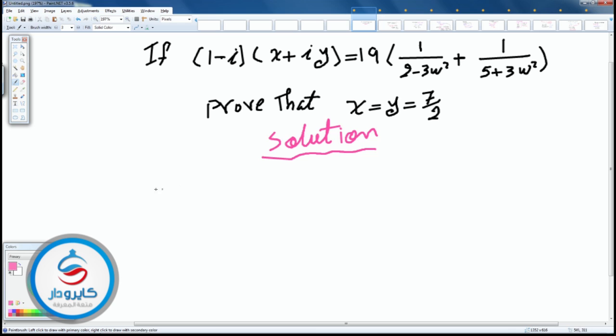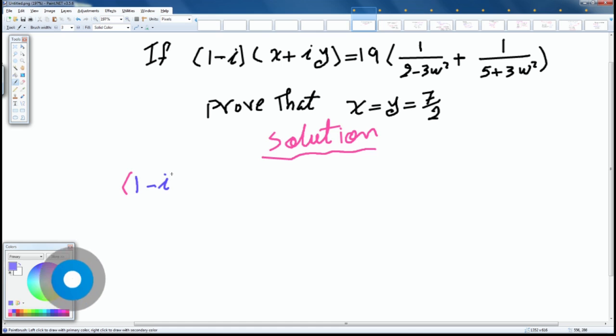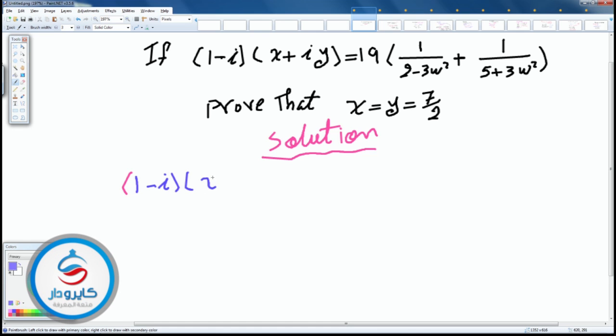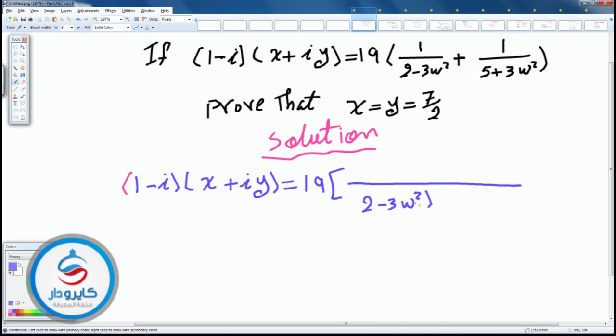This is the solution. Now we have 1 minus i times x plus iy equals 19, and let's move to make a common denominator. It will be 2 minus 3 omega square multiplied by 5 plus 3 omega square, and we have 5 plus 3 omega square plus 2 minus 3 omega square.